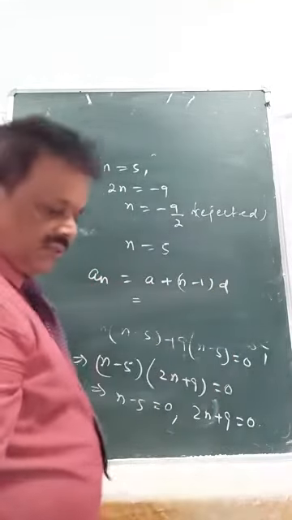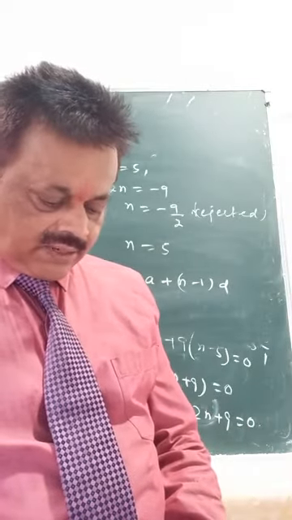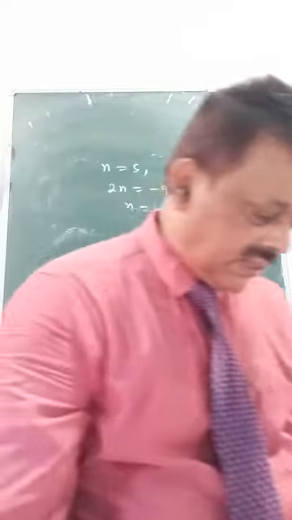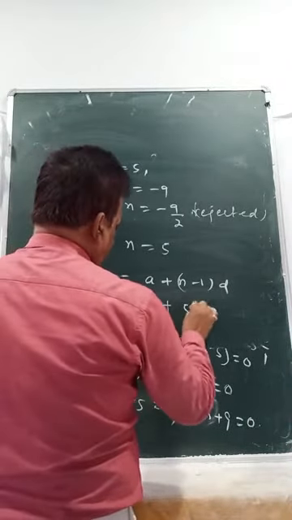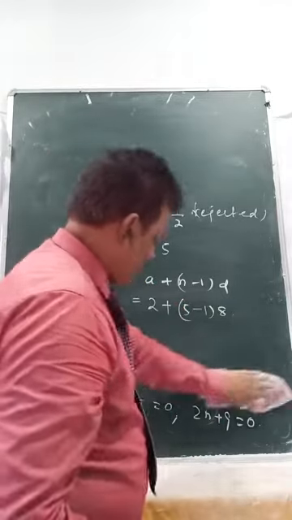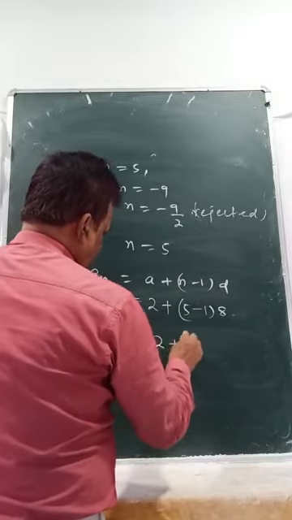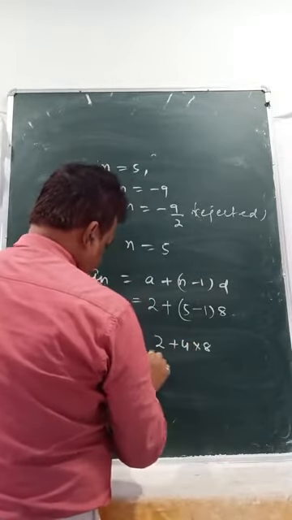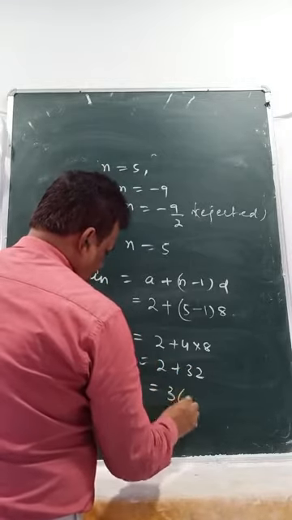So what was a? A was 2, d was 8. 2 plus 5 minus 1 into 8, 2 plus 4 into 8, plus 32, 36.